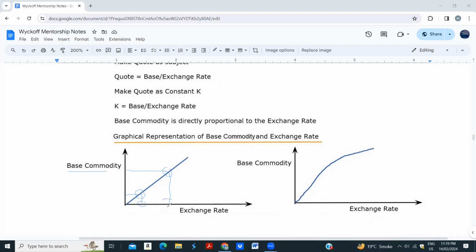You can see, it's very simple. Similarly, when the value of the base commodity decreases, the exchange rate is also decreased, and when it increases, the exchange rate also increases. Okay, very simple formula.